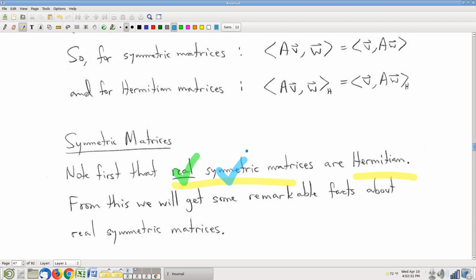So conjugate transpose doesn't do anything to a real symmetric matrix. These are the world's easiest Hermitian matrices. And this has outrageously powerful consequences.